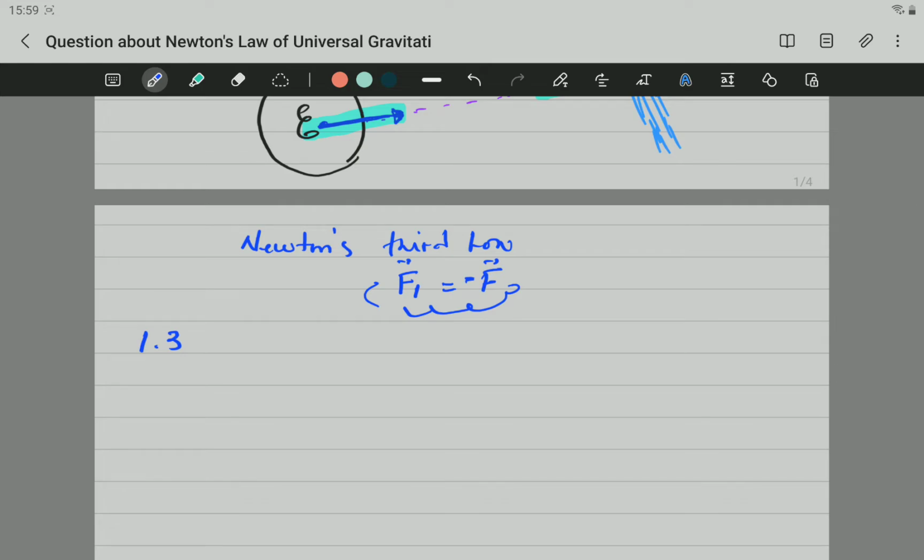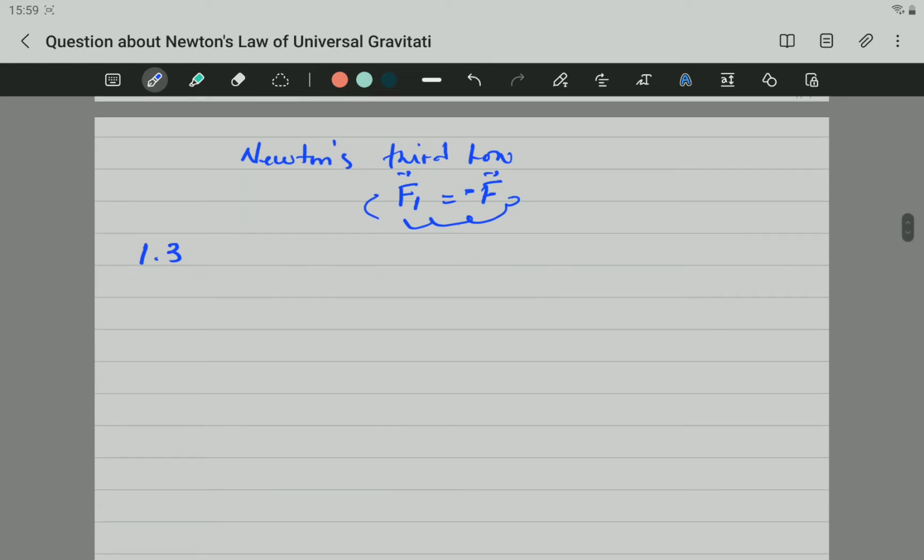Now we are going to another formula, which is the formula for the law of gravitation. That force, Fg, is equal to the constant of gravitation multiplied by the first mass, in this case the comet, multiplied by the second mass, the Earth, divided by the square of the distance.